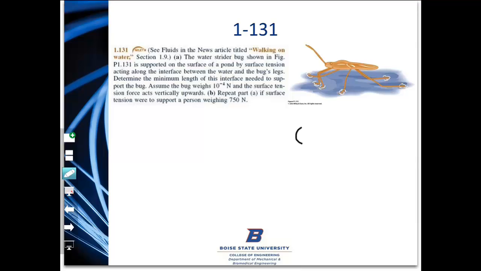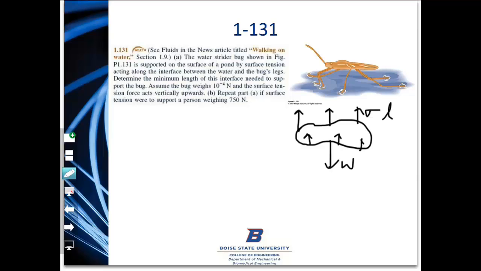So again, we would ideally like to know the forces involved in this particular problem. If I try to recreate this bug here, we know that the surface tension is acting in this direction, it's pulling. So it's surface tension, but if you want to write it as a force, you need to multiply with the length. The surface tension has a unit of force per length, so this then gives us a force, and then there is the weight of the bug itself.